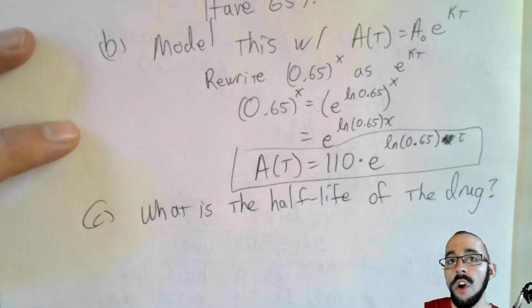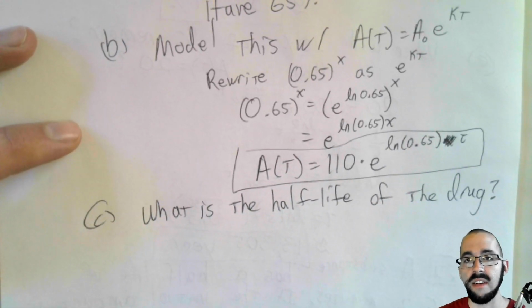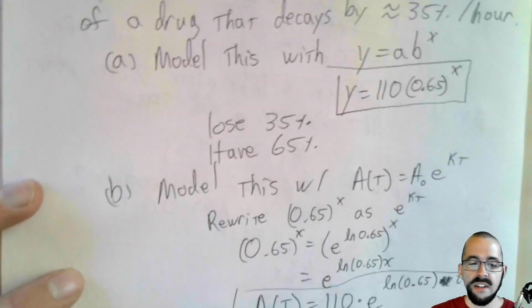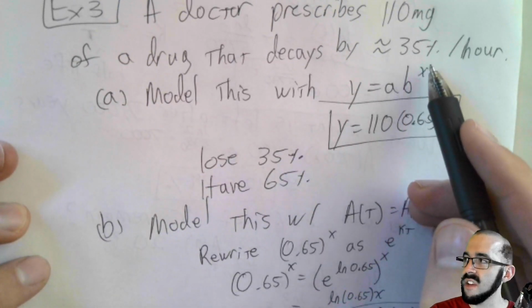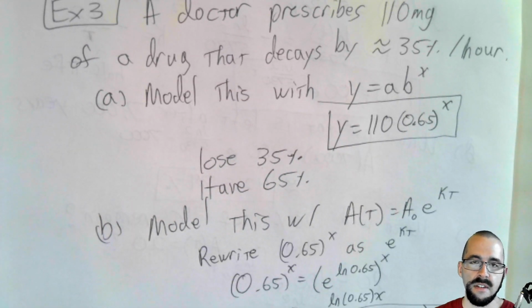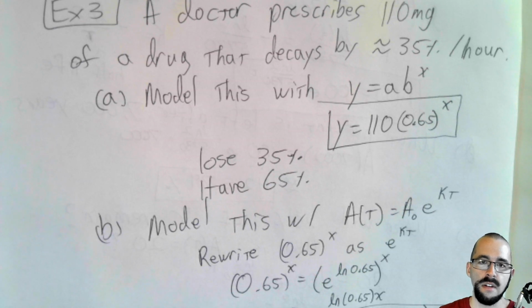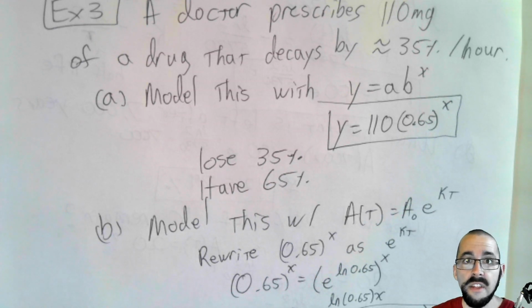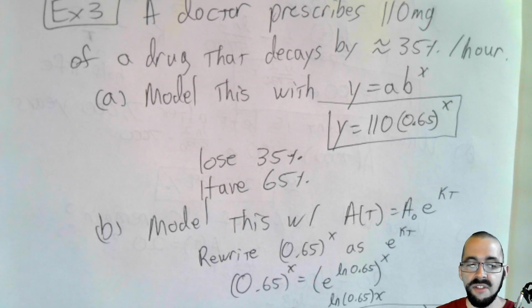Again, we should know what kind of number we're expecting, because we know it decays by 35% every hour. So in a single hour we lose 35%, which means it's going to take more than an hour to lose 50%. So our half-life should be more than an hour.